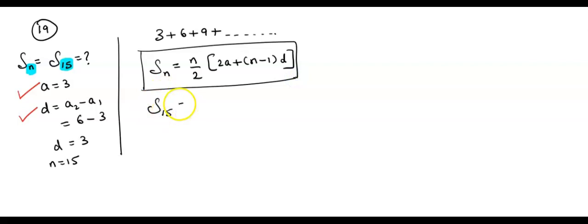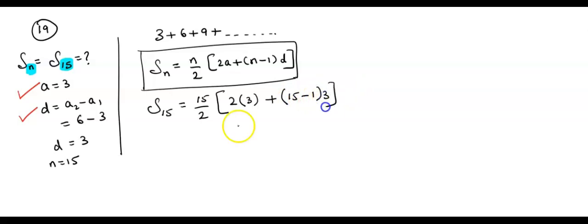So S15 equals 15 by 2 into 2 into the first term 3, plus n which is 15 minus 1, common difference is 3. 15 by 2, can you cancel this? No, keep it as it is, into 2 3s are 6 plus 15 minus 1 is 14 into 3.